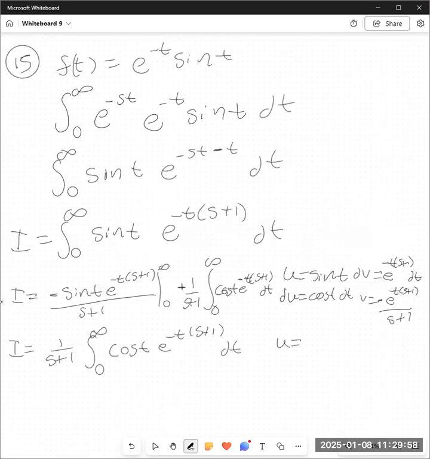So now my new u is cosine of t. My du is a negative sine t. My dv is equal to e to the negative t times s plus 1 dt. And my v is equal to a negative e to the negative t times s plus 1 over s plus 1.